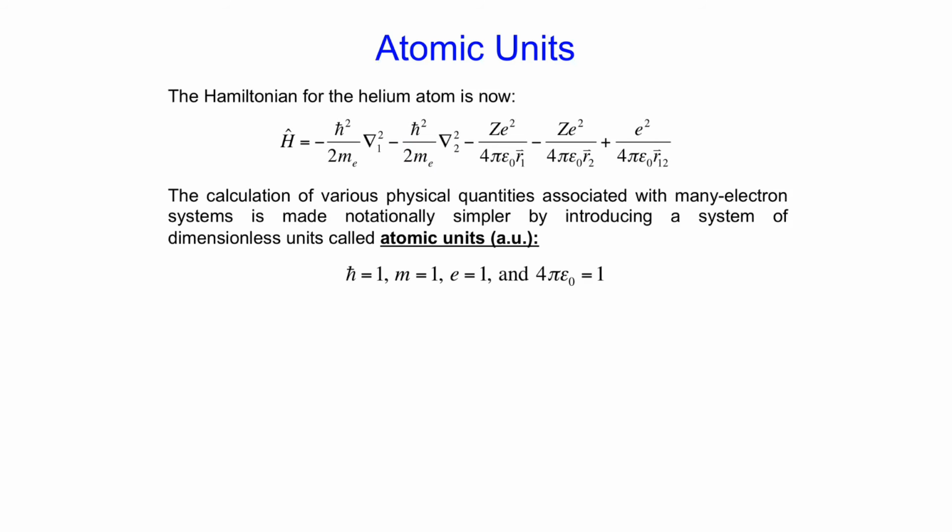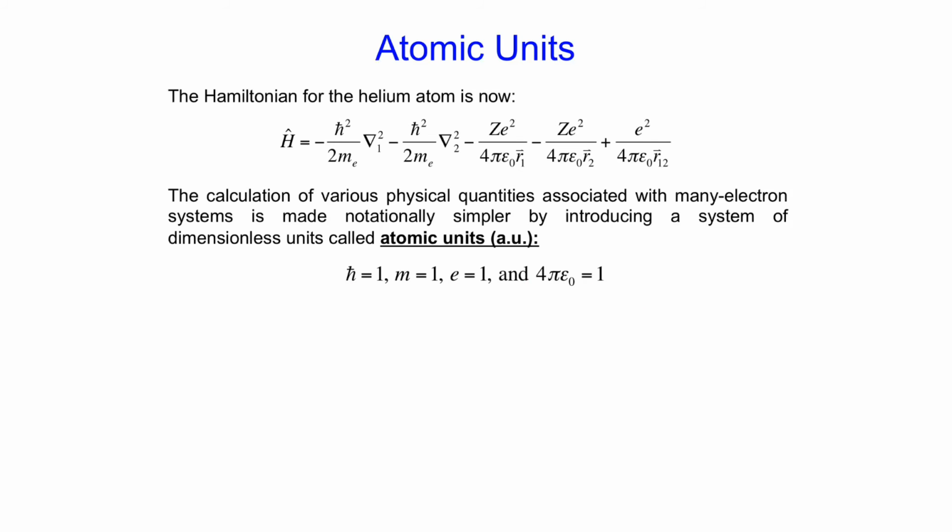As you can imagine, the calculations can get pretty cumbersome with all of these quantities in our multi-electron systems. So it really simplifies our notation quite a bit when we convert everything into dimensionless units that we call atomic units.